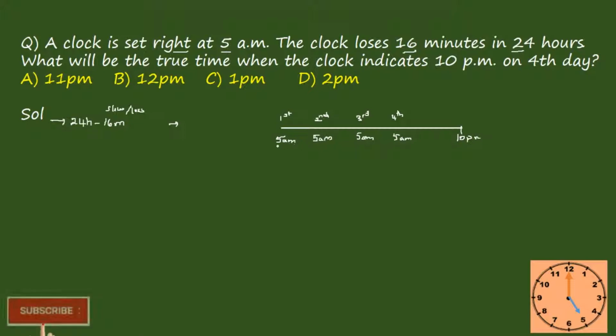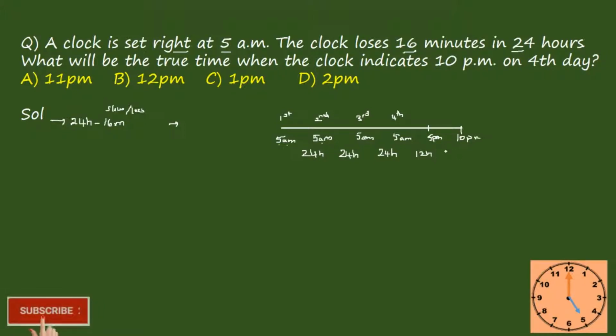How much time is taken for it to move from 5 a.m. to 10 p.m.? 5 to 5, it is nothing but 24 hours. From 5 a.m. to 5 a.m. again 24 hours. Again 5 to 5 a.m., it is taking 24 hours. Again from 5 a.m. to 5 p.m. it takes 12 hours.